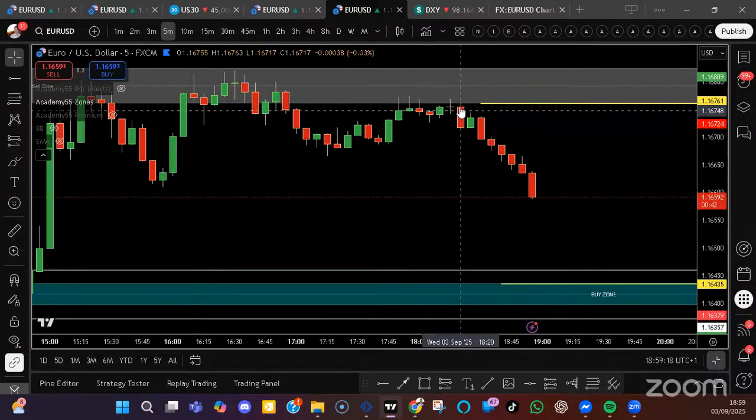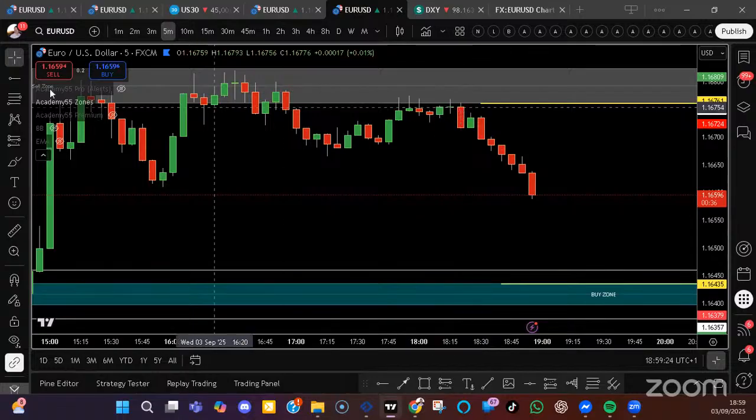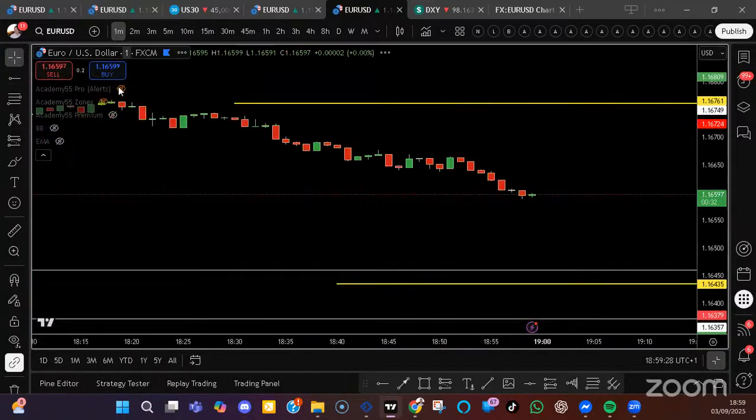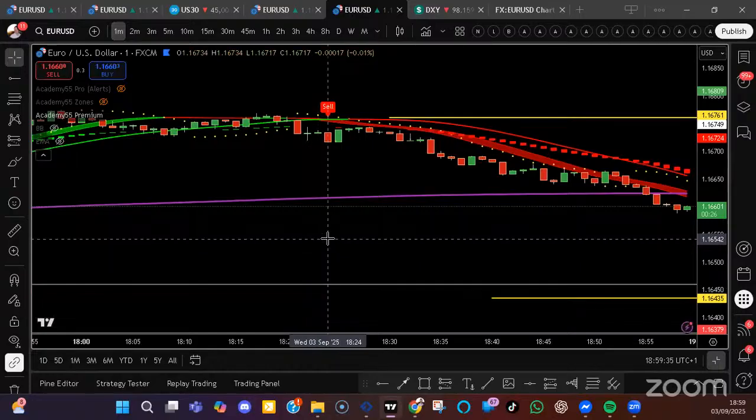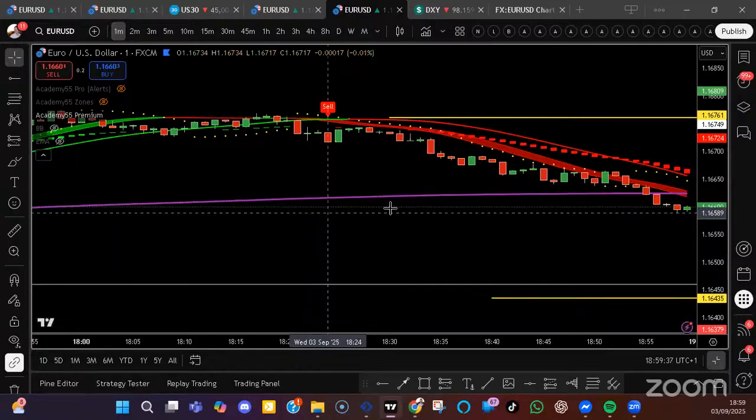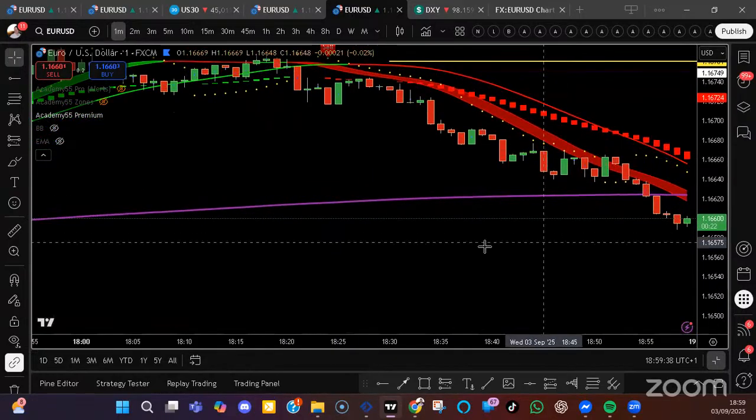On the 5-minute time frame, we got into the sell zone at 18:20. So let's have a look. Put the indicators back on, 18:20. And at 18:24, we got the sell alert.